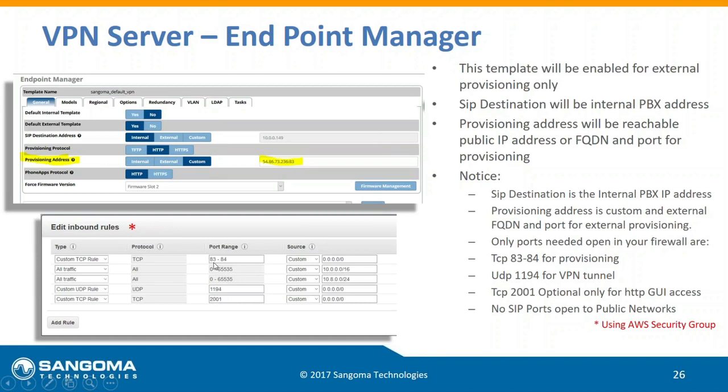But the ports are 83 to 84 TCP, the 1194 UDP, because that's the transport protocol and port used by OpenVPN. And optionally, you can open the 2001, which is the HTTP access to the GUI. But I'll talk about that in a few minutes. So those are the ports.